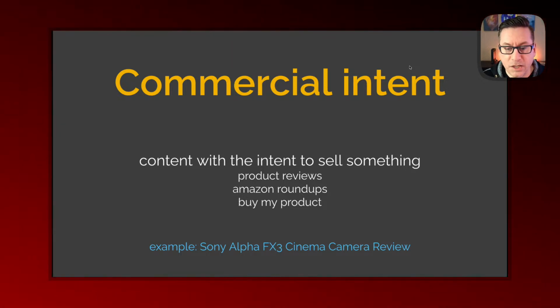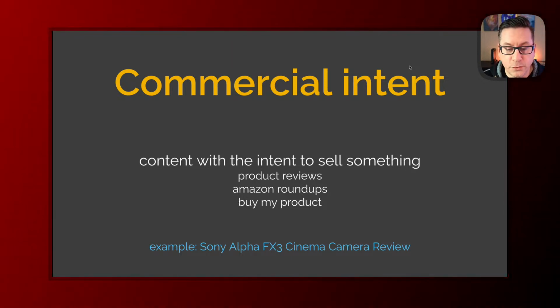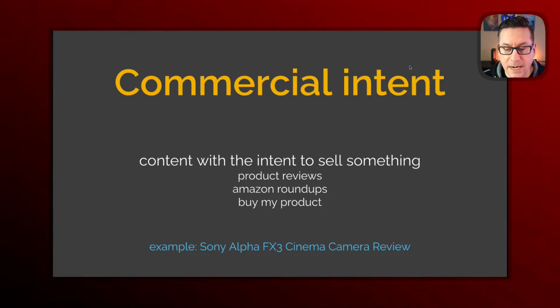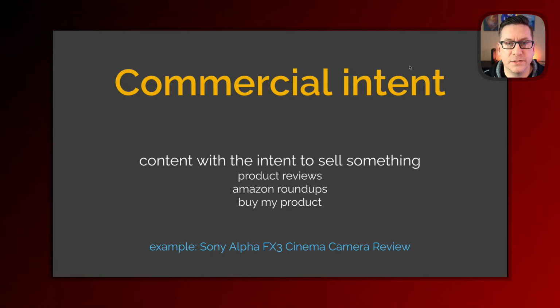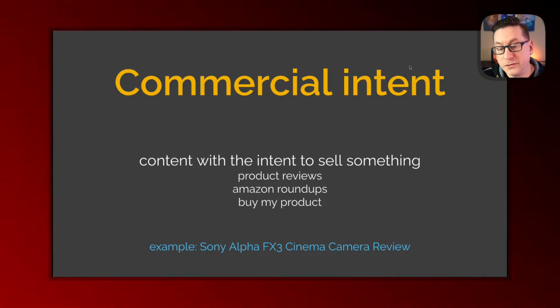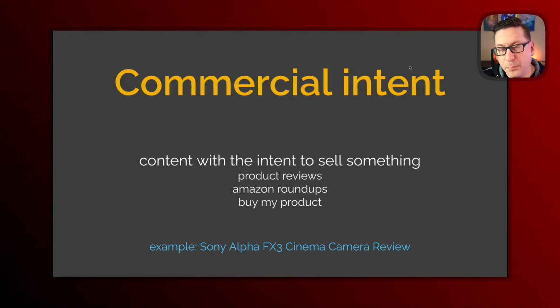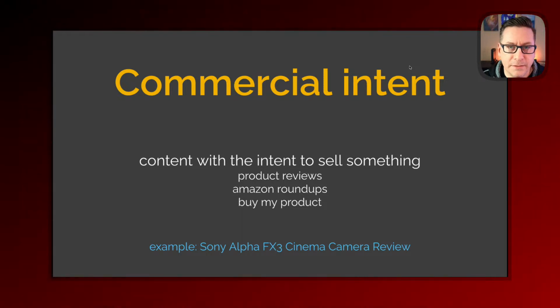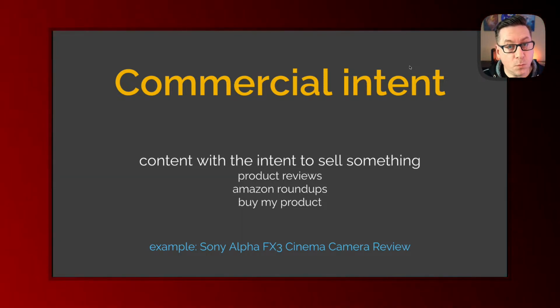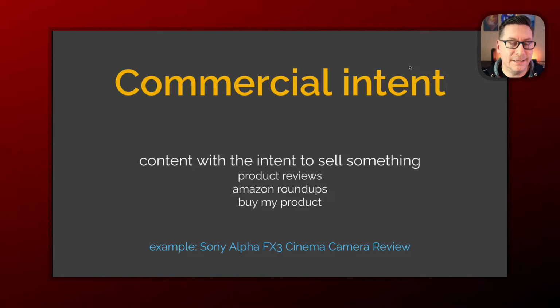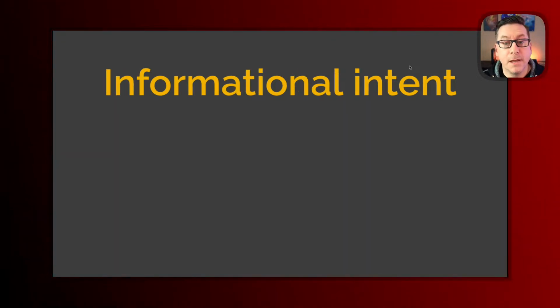That would be a commercial intent keyword, Sony Alpha FX3 Cinema Camera review. Because when someone's Googling or searching that keyword, their intent is to possibly buy it. So this is keyword type number one, the commercial intent keyword.